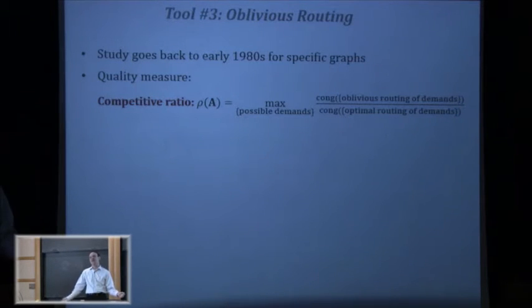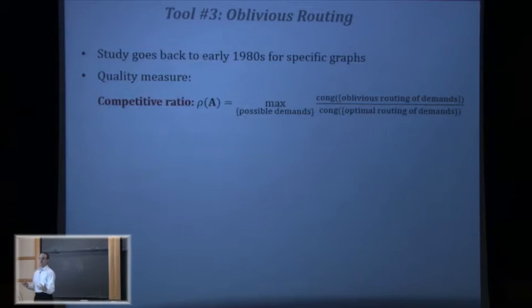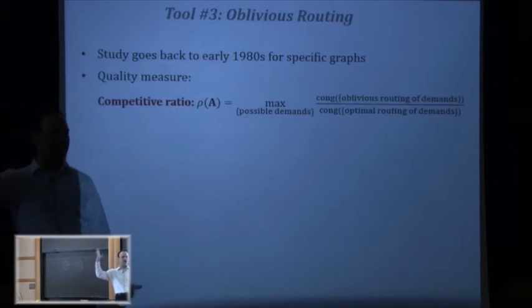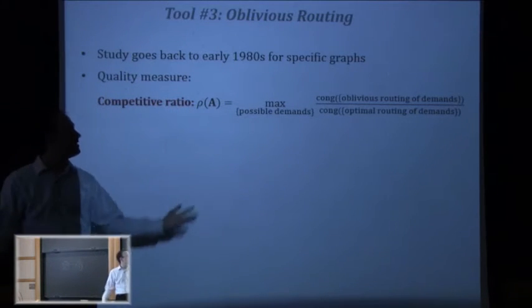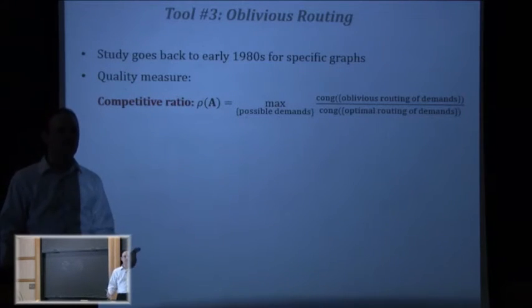That's slow, but right. Instead, you just use your oblivious scheme, which doesn't get to use this information; you decide it in advance, and then you just use it. The competitive ratio is the worst case, over all possible sets of S's and T's, of the congestion of your oblivious scheme versus the actual best thing you could do.